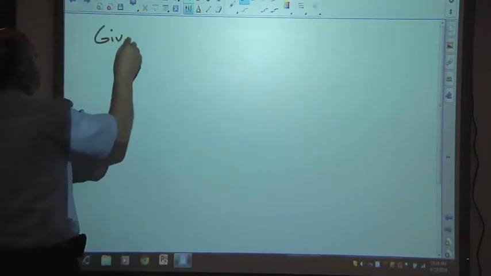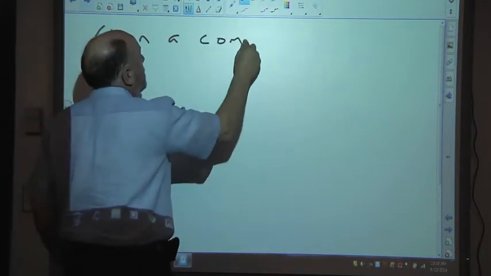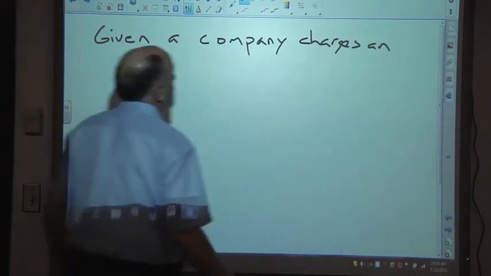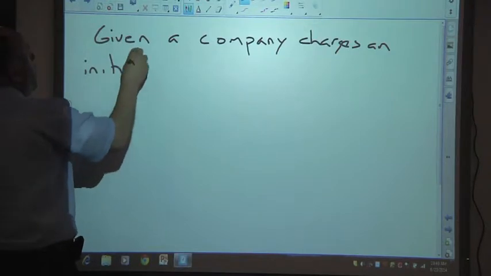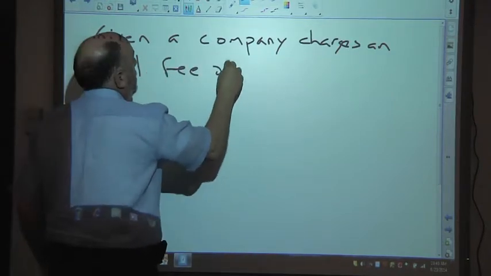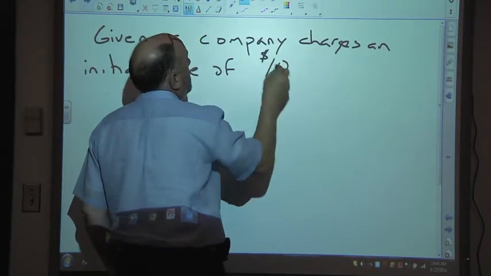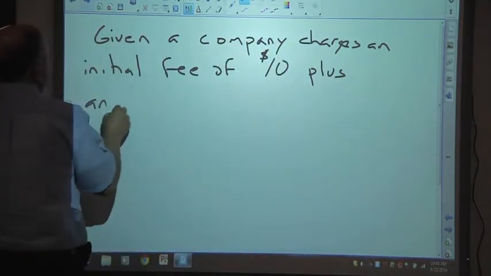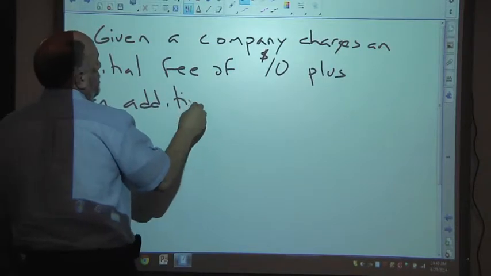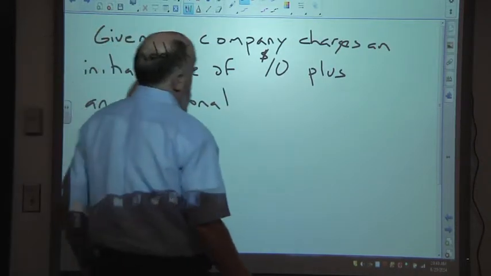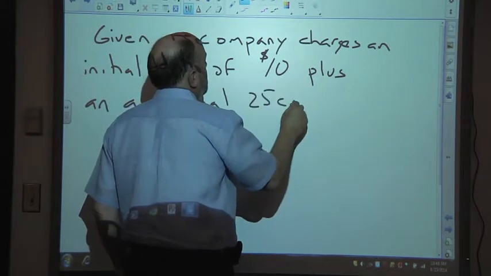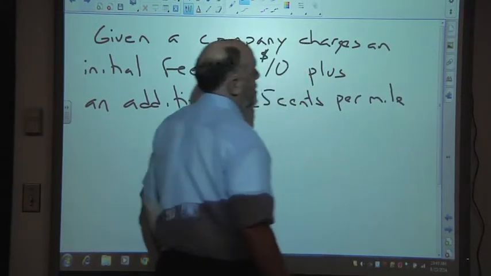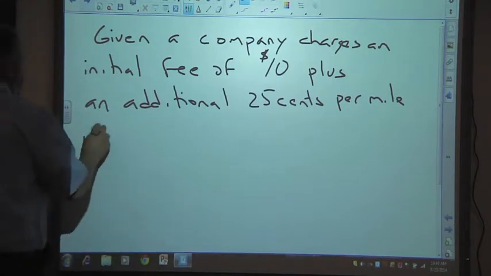So given a company charges an initial fee of $10 plus an additional, let's say, 25 cents per mile. What would be the charge?